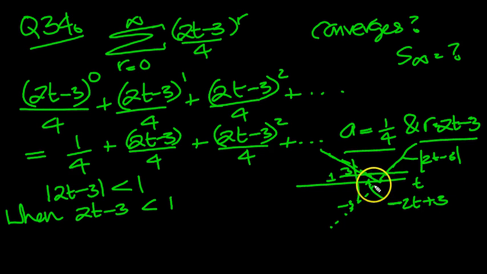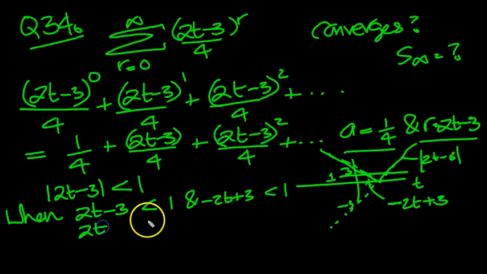Okay, so that happens when that holds, and the other condition would be when this line, minus 2t plus 3, is also less than 1. That's when this modulus lies underneath this height of 1, isn't it? So it happens when 2t, for this one, is less than, move the 3 over, you get 4.